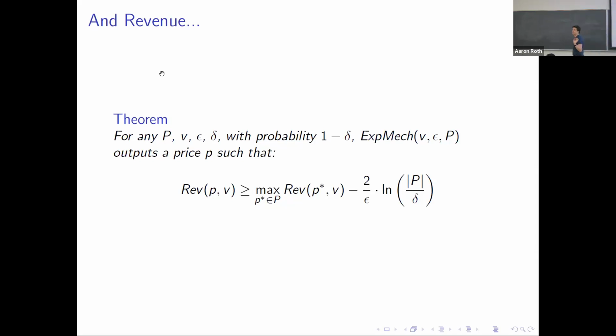Because remember, epsilon controls how much people can gain by deviating. So ideally, we can take epsilon to be something approaching 0 as the number of bidders gets large, so that people have essentially no incentive to deviate, and still get better revenue guarantees than we knew how to do before.